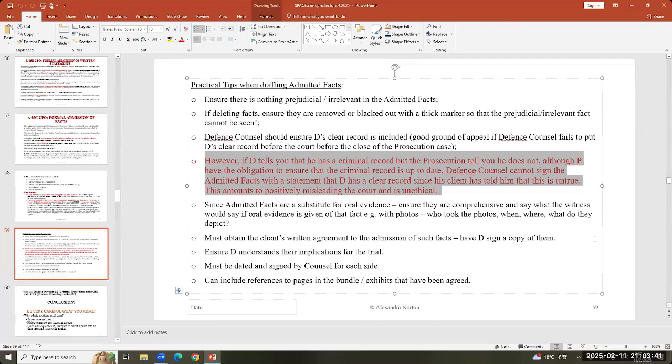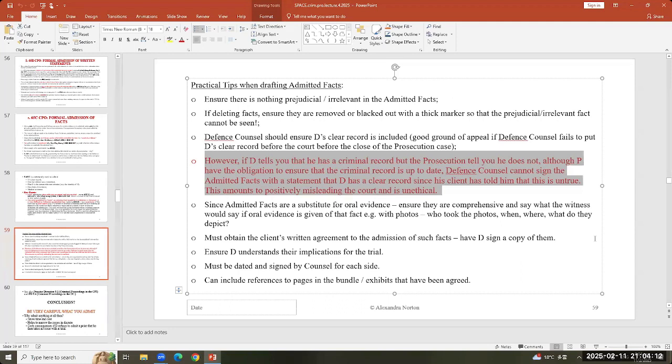What if the prosecution come back to you and they say either the defendant has a clear record or he has one conviction for theft, and the defendant tells you he has two? Does that mean it can be put in the admitted facts? Can you as defense counsel sign off on an admitted fact which says that the defendant has a clear record because the prosecution say that he does, but your client has told you he does not?